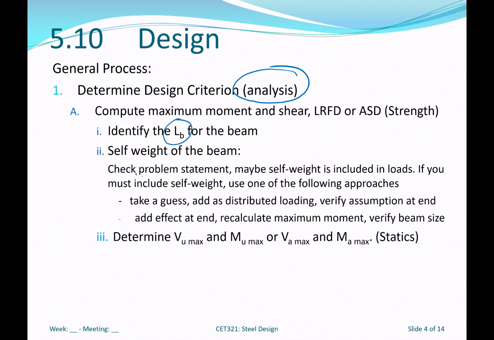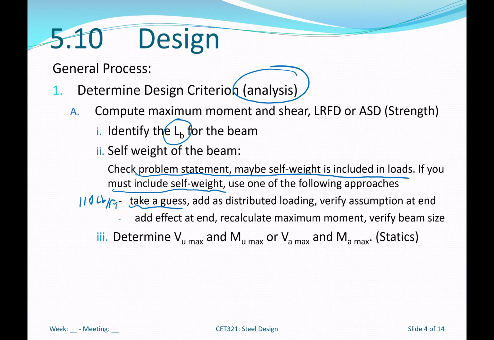Maybe the problem statement includes the self-weight, which would be fine. That's probably easiest for you at this point, because if it's in there, then I don't have to worry about checking it. If we have to include self-weight, we could do one of two approaches. I could take a guess, maybe 125, or let's say 110 pounds per foot.